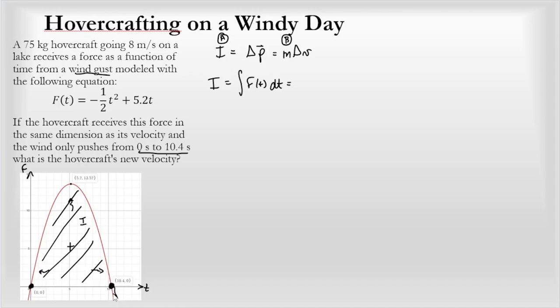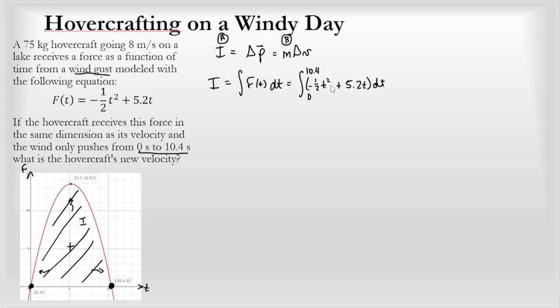I guess it could have changed direction and gone past 10.4, but it's just a wind gust, so we're going to assume it just went back to 0. So we're going to do an integral from 0 to 10.4 seconds of our function, negative a half t squared plus 5.2t, and all of that goes in front of our dt.